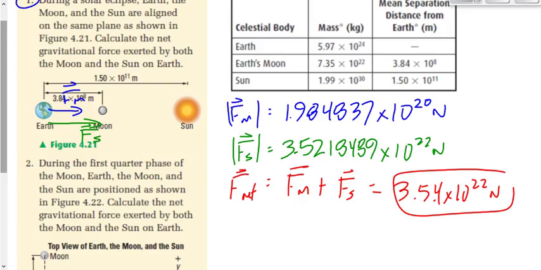The highest tides? You'd be more likely to get really high tides here, right? Because that force of gravity acting on the Earth and the water, that fluid on the Earth, is stronger here than it would be if the Moon and the Sun were on opposite sides of the Earth. Good? The difference is not that huge, 3.50 versus 3.54, but it's measurably bigger.